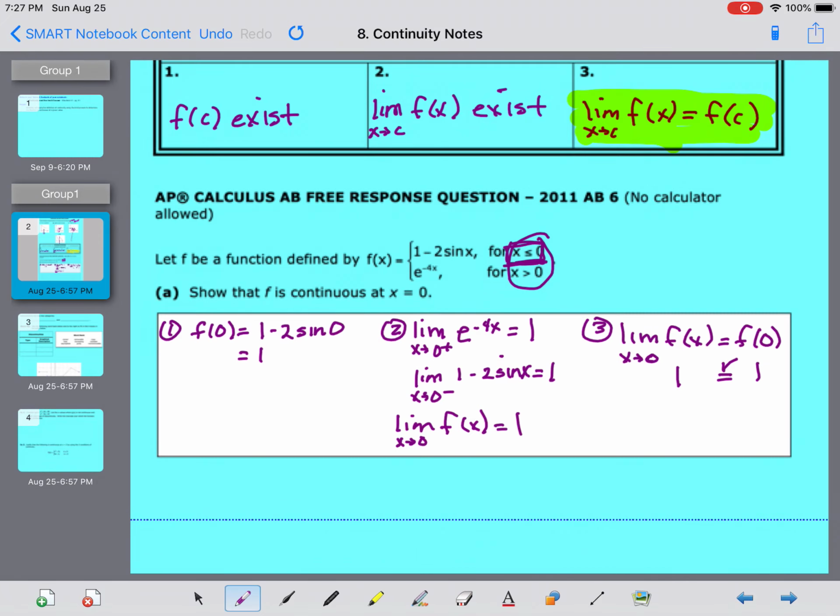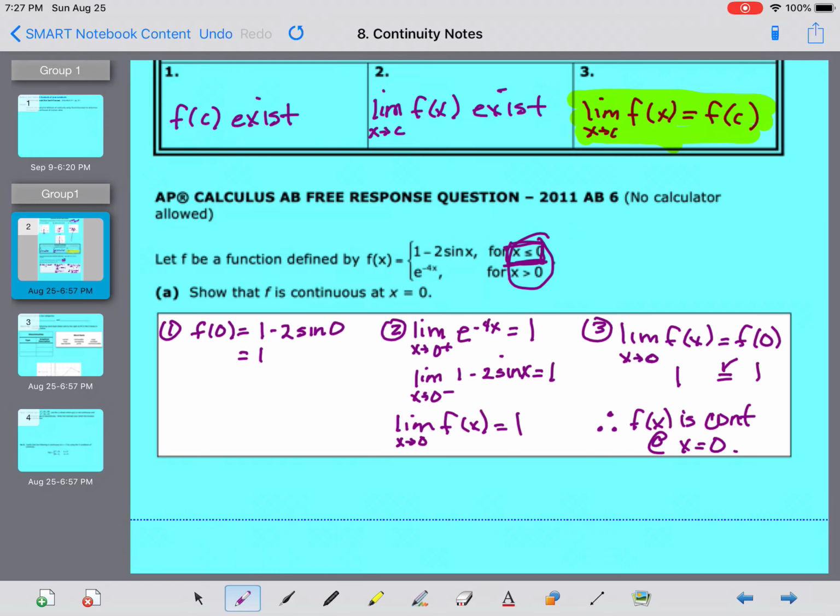So I'm going to put a little check mark there. Because all 3 of their criteria were met and are true, therefore we can say, remember that symbol, therefore, f of x is continuous at x equals 0, answering the question. Okay, so that's kind of what it means to prove continuity of a function.